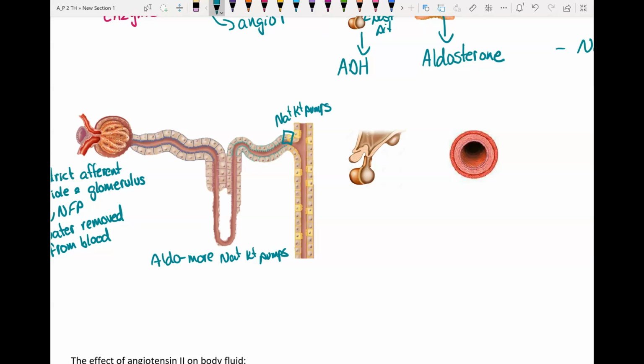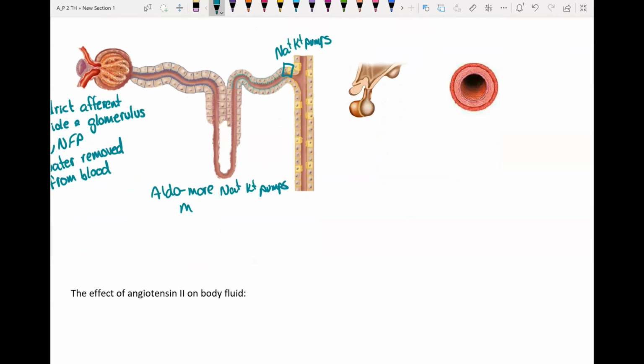These pumps, think back to chapter 24, are going to move sodium into the blood. And water follows sodium. Remember, we just talked about how sodium's main job is to attract water, maintain osmolarity. So now you have more sodium and more water in your blood.